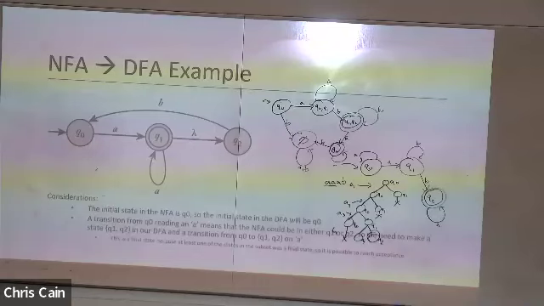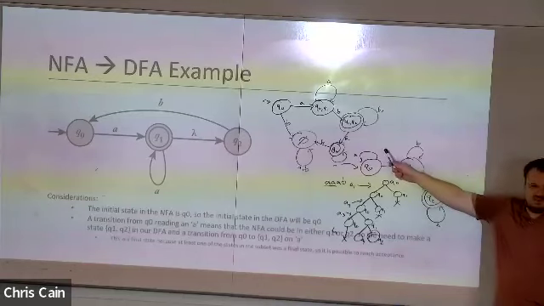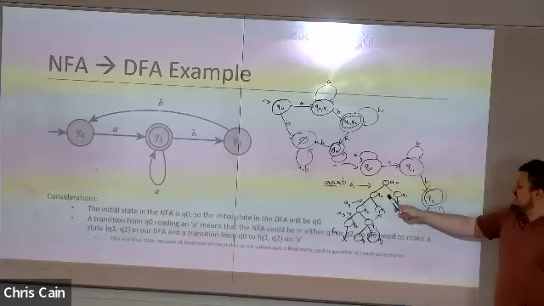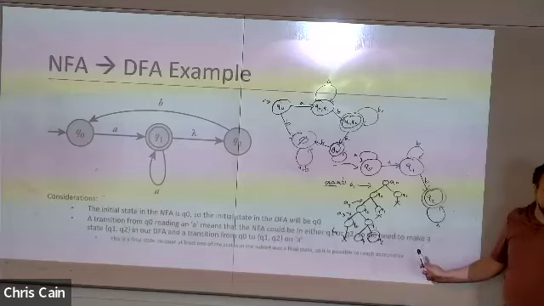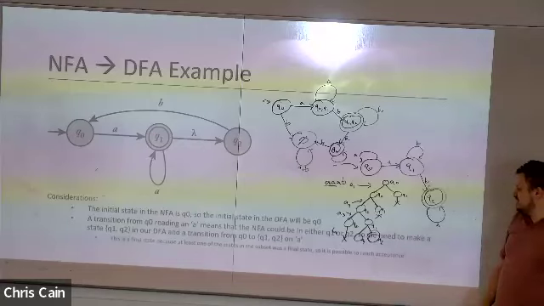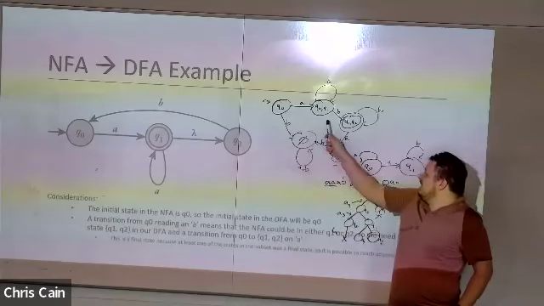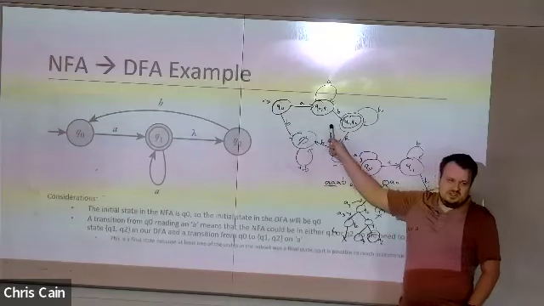I think that really hopefully helps to show the difference between what a DFA needs to do. The DFA needs to have this complexity built into it, because you can only be in one particular state after reading an A. After being in Q0 and reading an A, you are in this state, and there is no question about it.